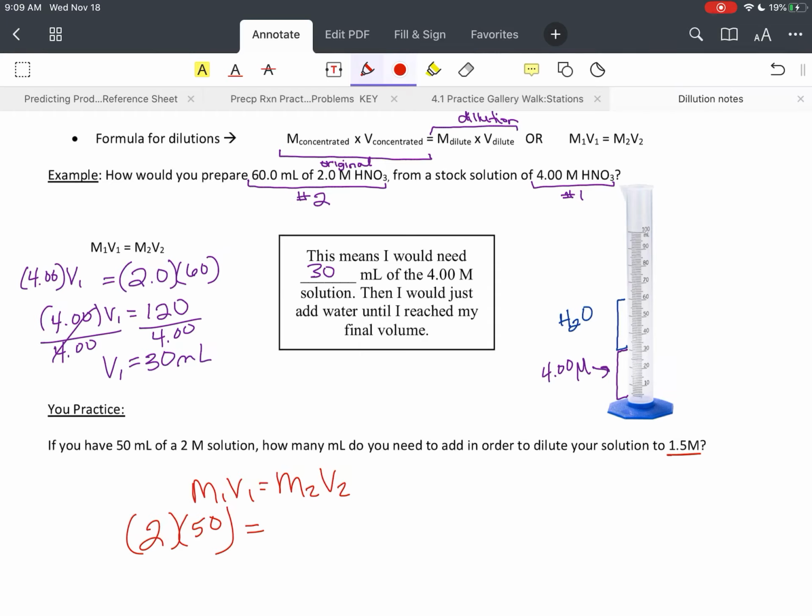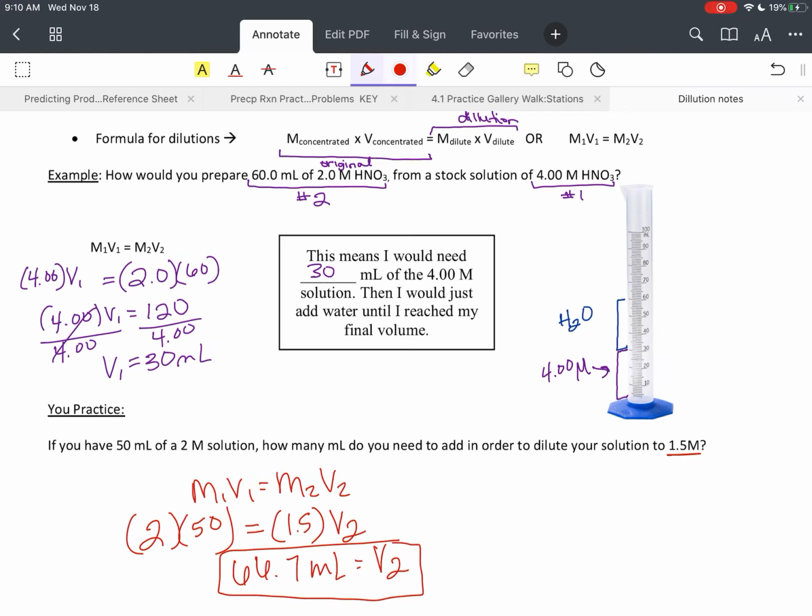That's my concentrated amount. That's what I'm starting with. And then my new molarity is 1.5, and I'm looking for my volume for V2. So I'm just going to plug it in. 100 divided by 1.5 is 66.7 milliliters.